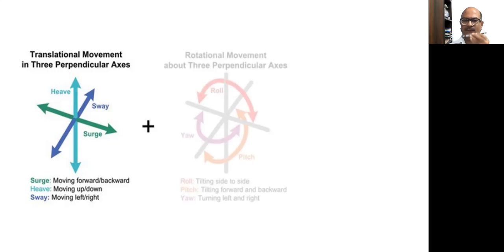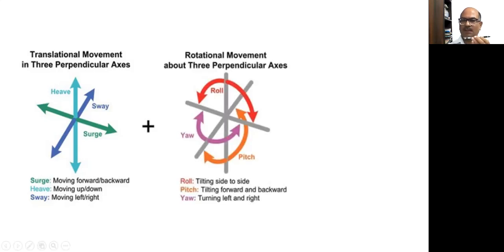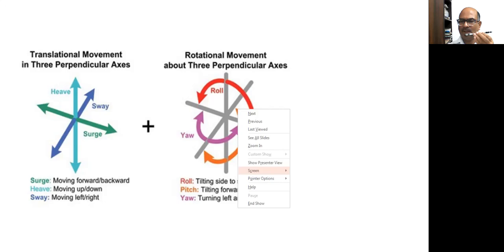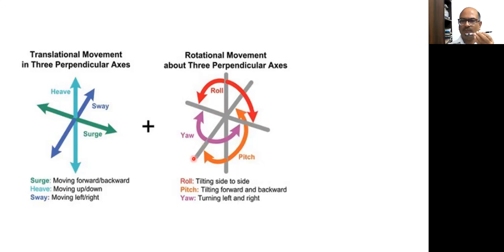And in addition, there are rotational movements about three perpendicular axes. Rotational movement in this direction, in this direction, and then in this direction. If you keep on this direction, it is rolling, right?